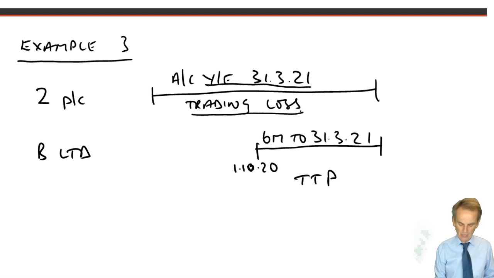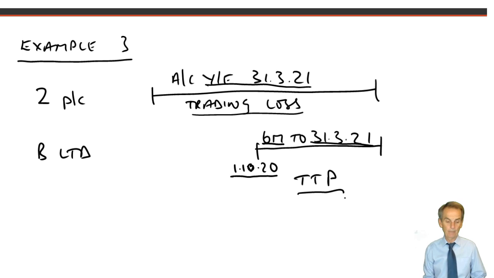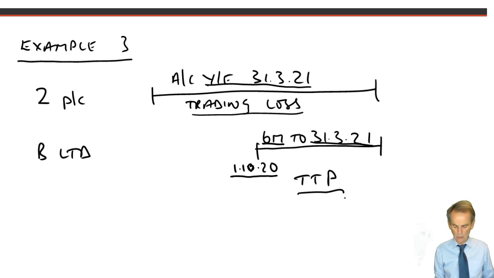It has made a trading loss. Whereas B Limited, that only started to trade on the 1st of October 20, prepared accounts for what was then a 6-month period through to the 31st of March 21, had a TTP. There are no numbers on this. Don't worry, in a moment's time in example 4, there will be more than enough numbers for you to play with.